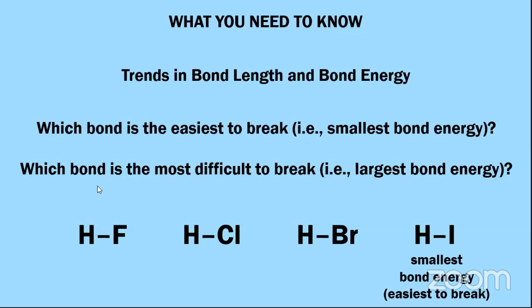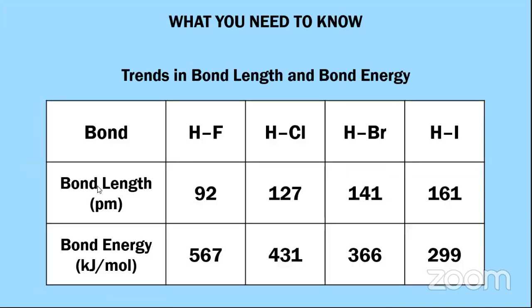So HI would have a low value for bond energy relative to HF, which has a high bond energy. Let me go ahead and show you the data. So take a moment to process that data and you can see how bond length and bond energy are inversely related.